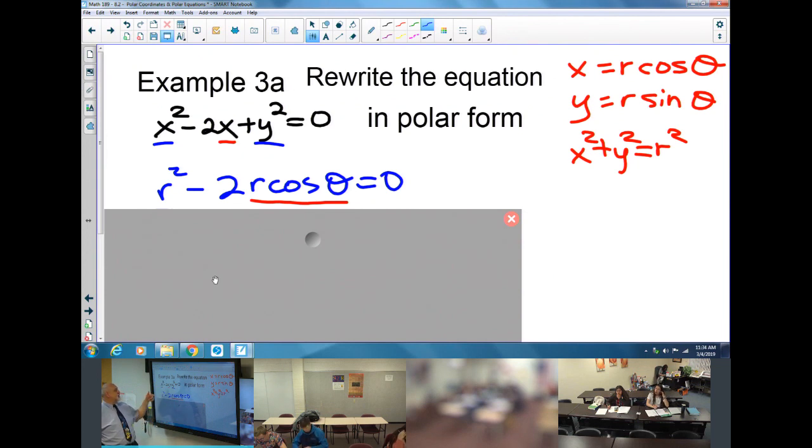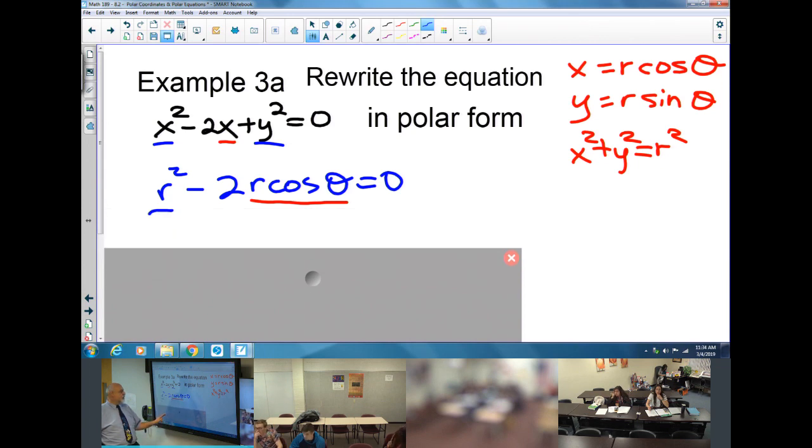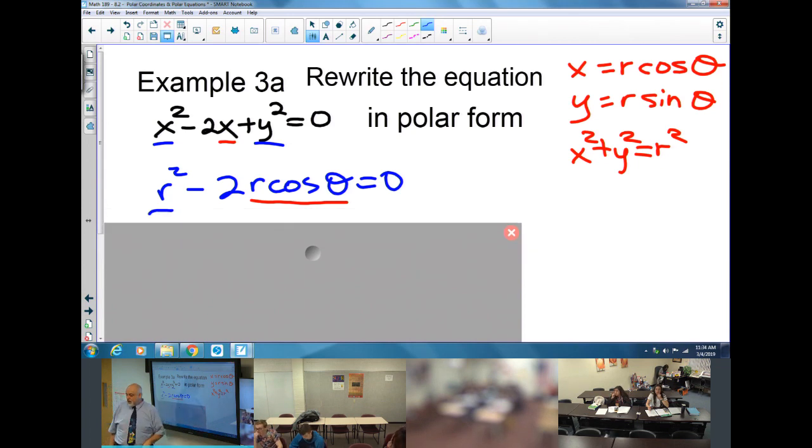So then your answer is r squared minus 2 r cosine theta equals 0. And that's it. That's the answer. So you just do 2 substitutions there and you've got it. All right, so go ahead and try practice 3A.